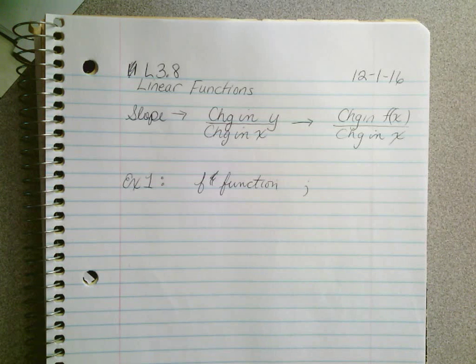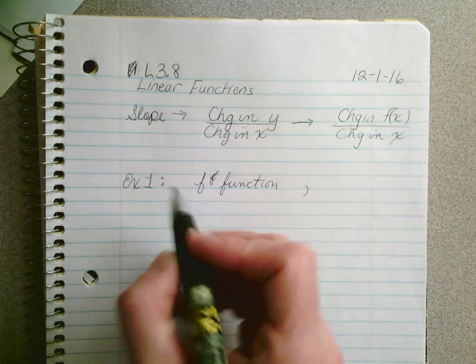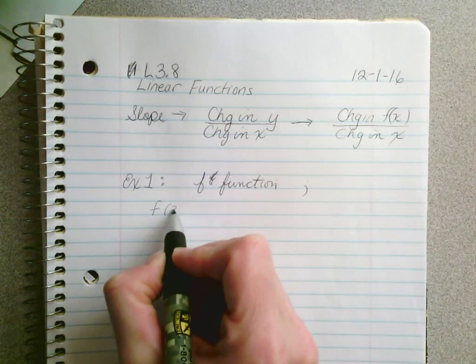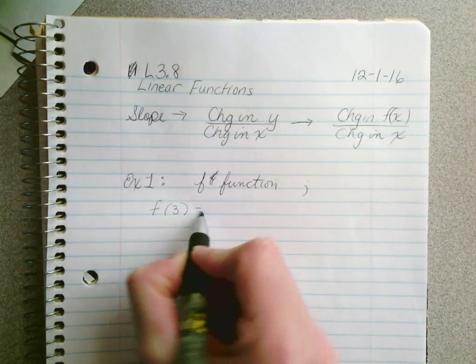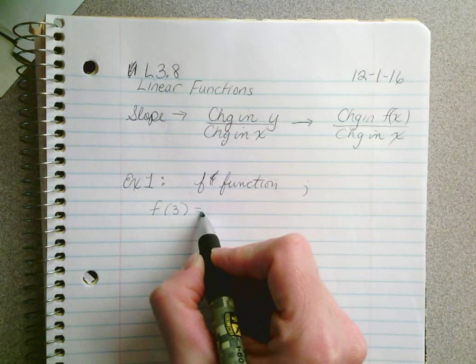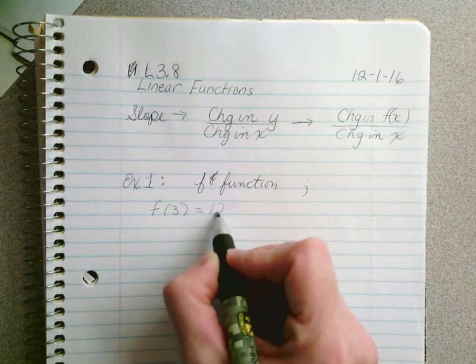Trying to decide which one I want to do first here. We'll do a pair of points. Here's the f function. The f value when you input a 3 is 12.